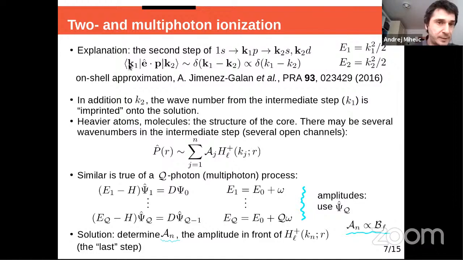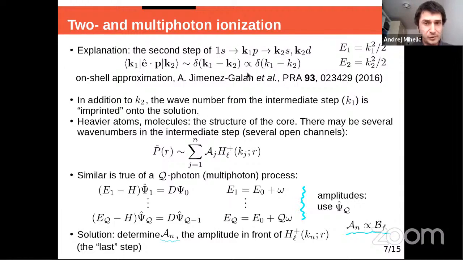Now, if K1 and K2 were plane waves, it would be clear immediately that that kind of dipole matrix element is proportional to the delta function in K-space. So it is different from zero only when K1 and K2 are equal.